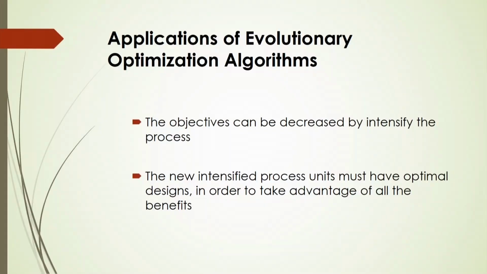In this case, the objectives can be improved by intensifying the process, and the new intensified process units should be considered in such a way that they have optimal designs in order to take advantage of all the benefits of the process.